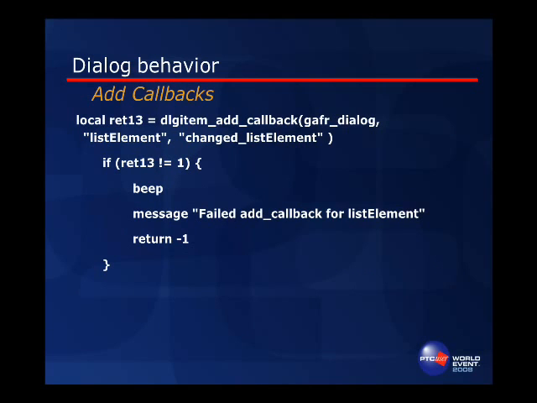So dialog item add callback. The first argument is the window handle. The second argument is the actual control to which you are adding the callback. And the third argument is the function within the same package that ACL needs to be able to find. So there is a function called change list element.